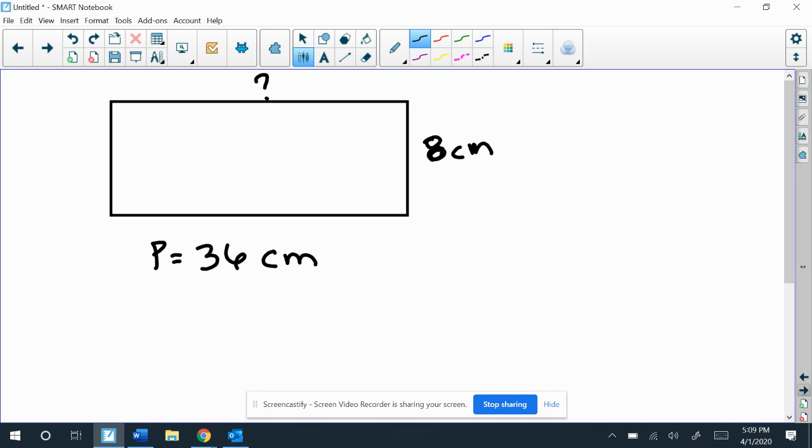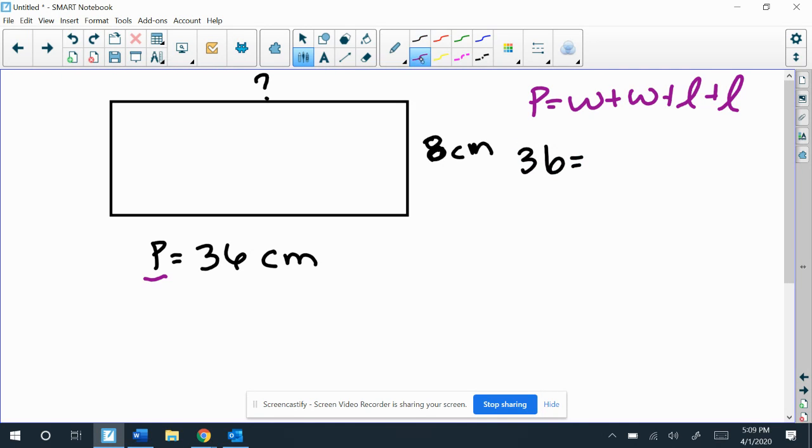I have a rectangle, and they give me perimeter. So once again, I'm going to use the formula for perimeter. Perimeter equals width plus length plus length. So I'm going to plug in what numbers I already know. I know perimeter is 36.